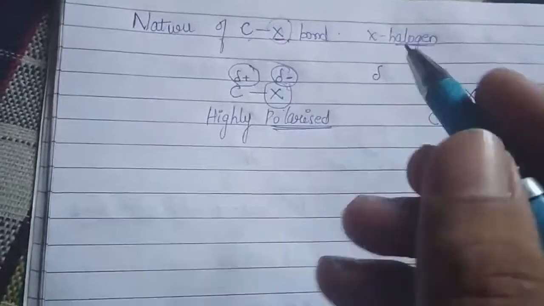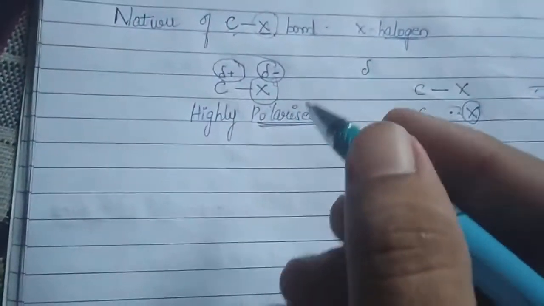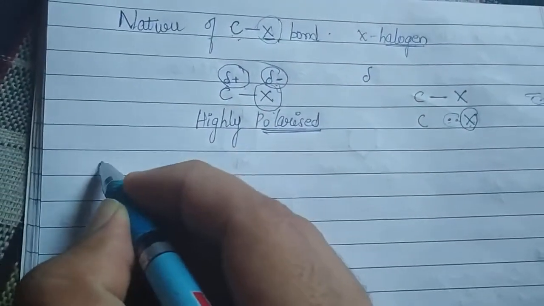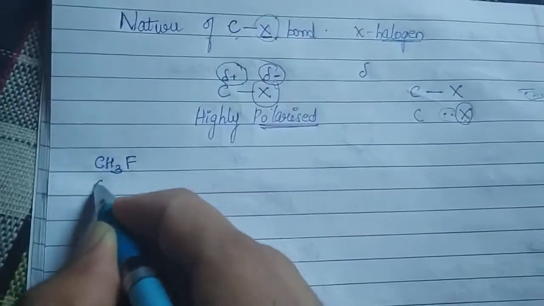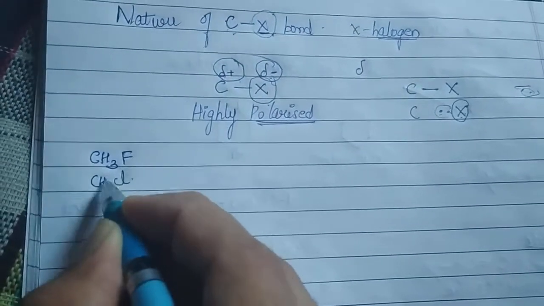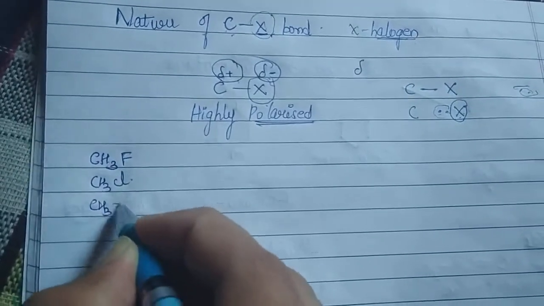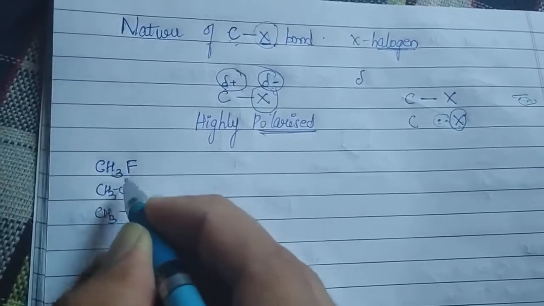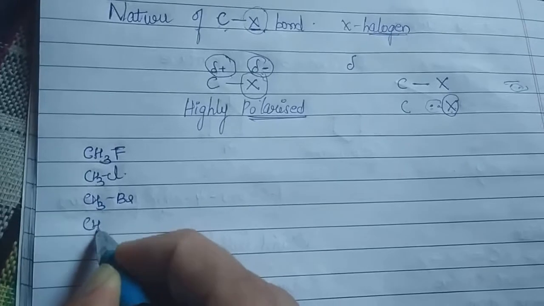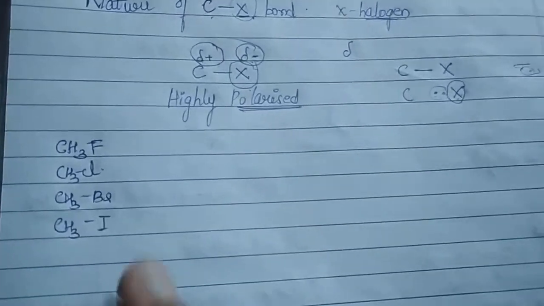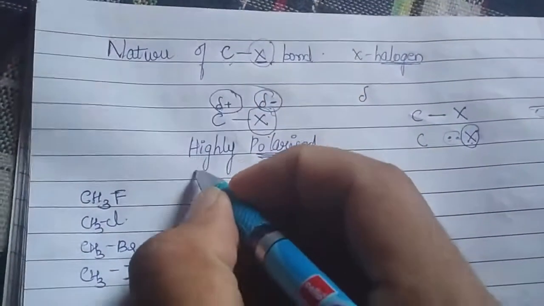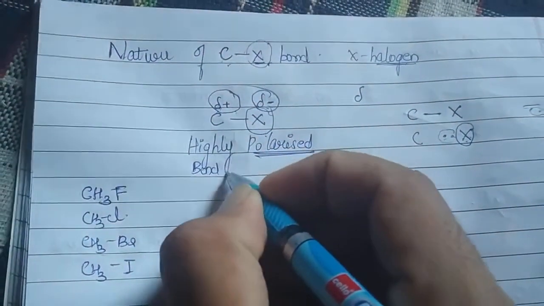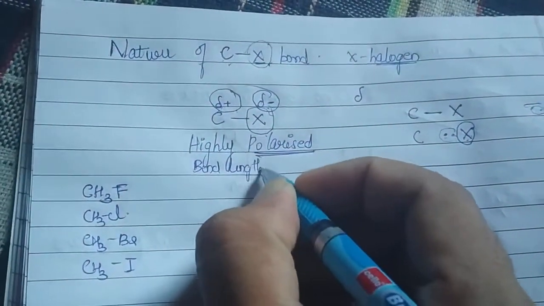So if I consider the general alkyl halides which are common to us, for example methyl fluoride, methyl chloride, methyl bromide, methyl iodide, let us study these compounds under the concept of bond length, how their bond length varies.